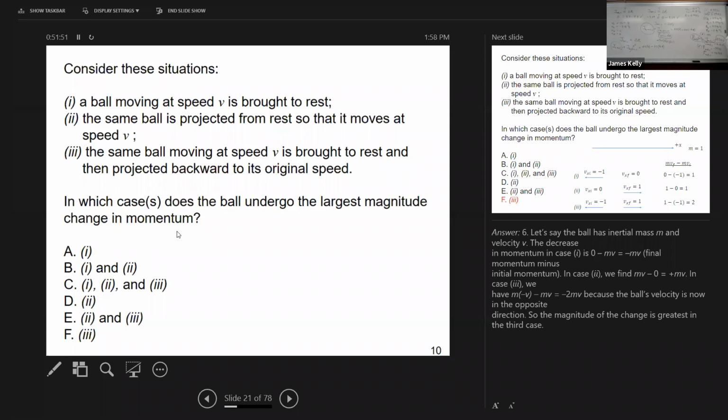Why isn't that true, just by definition of what momentum is? It is not true in the third case, where the ball is brought to rest by a force and then somehow got to go in the other direction, that the change in momentum is 0. That's not true. The change in momentum is actually biggest in 3. And to most people, that's surprising.